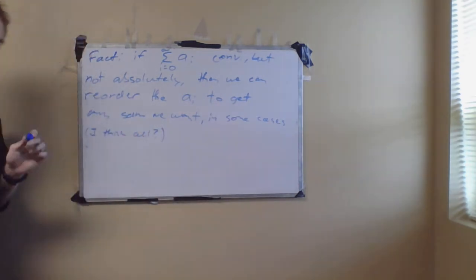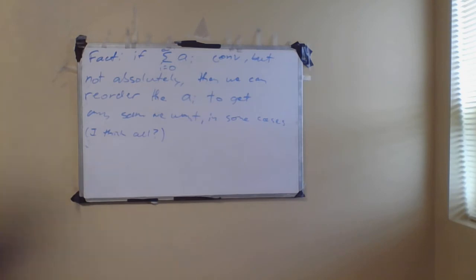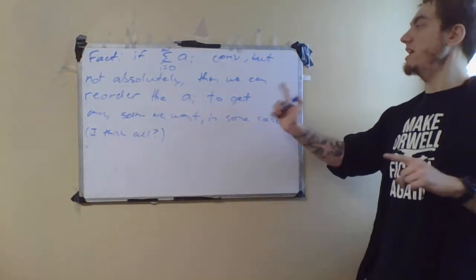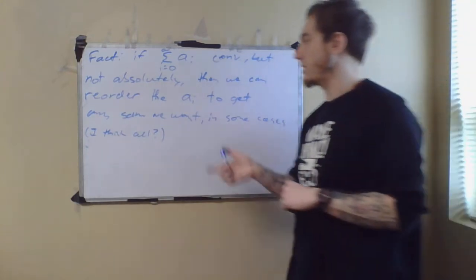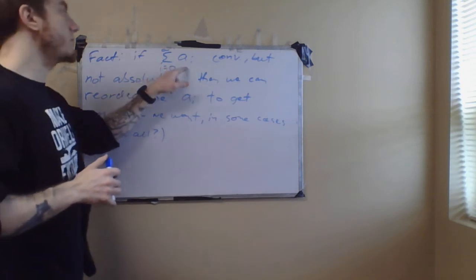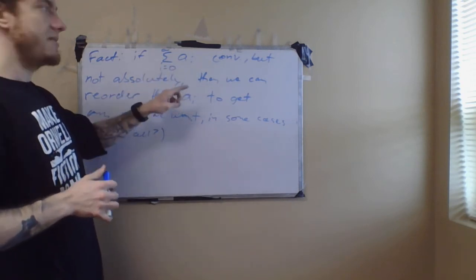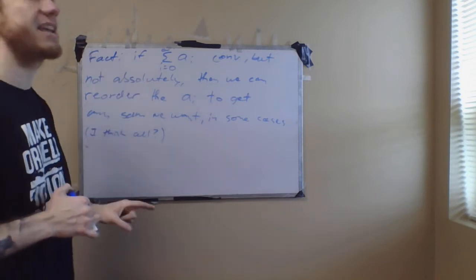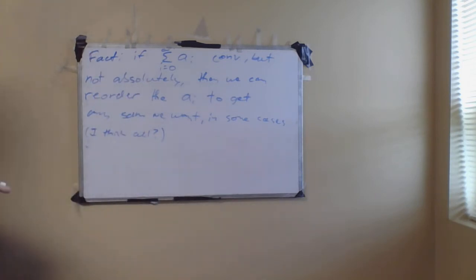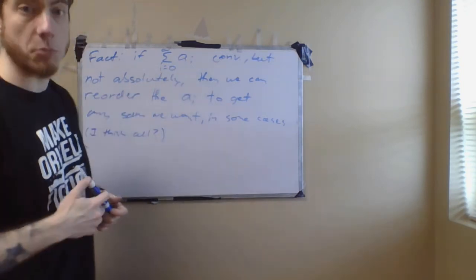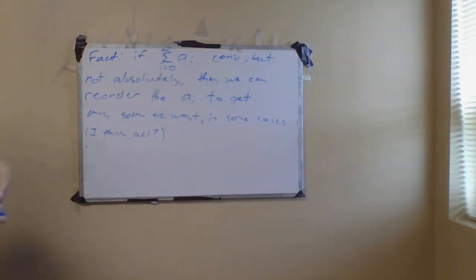But I want to be careful about that, because once again, weird counterintuitive things, this is counterintuitive enough. Anyway, there are cases where you can definitely reorder it like this, and I think you can do it with all of them, because here's the idea. If this converges but not absolutely, then it has to consist of some positive terms that diverge and some negative terms that diverge. But furthermore, the terms, their magnitude has to get smaller and smaller in order for this thing to converge at all.